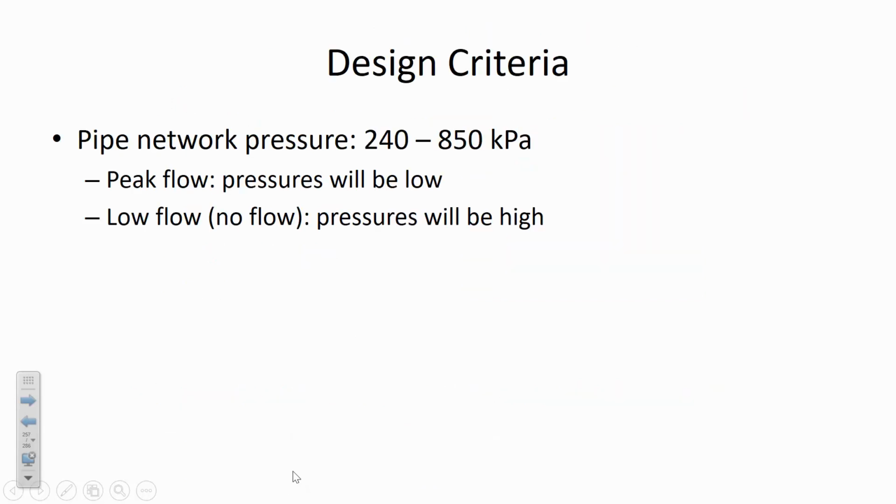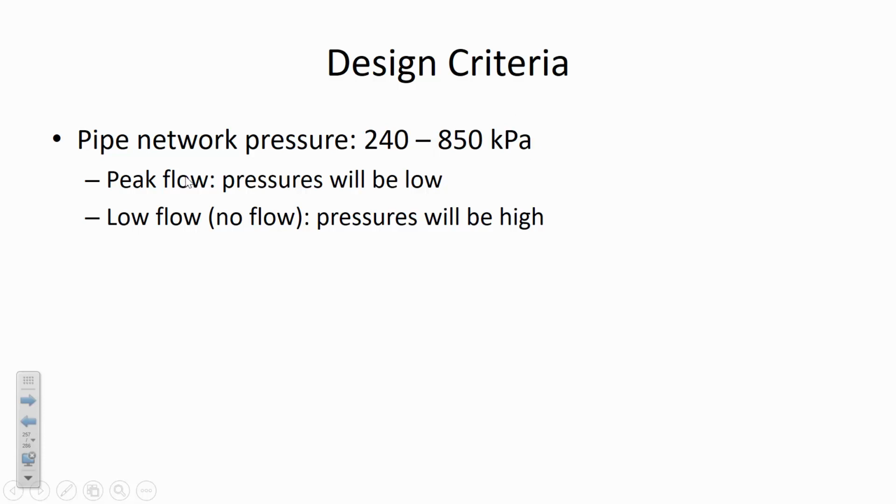Now, what you have to do in the next phase is make sure that the pipes are big enough to ensure that when maximum demand is occurring, none of the junction pressures go below 240 kilopascals. And then during static conditions, meaning when there's no demand, so you set all the flow demands to 0, then you have to make sure that the pressure doesn't go above 850 kilopascals.